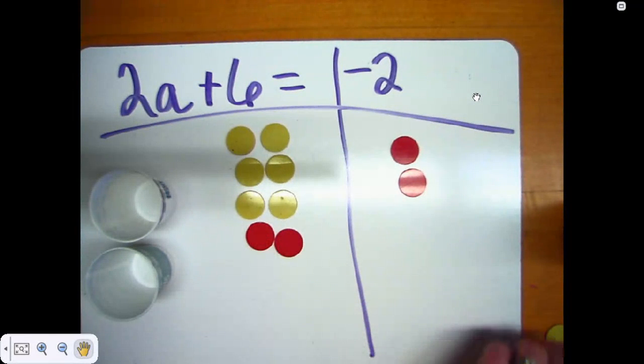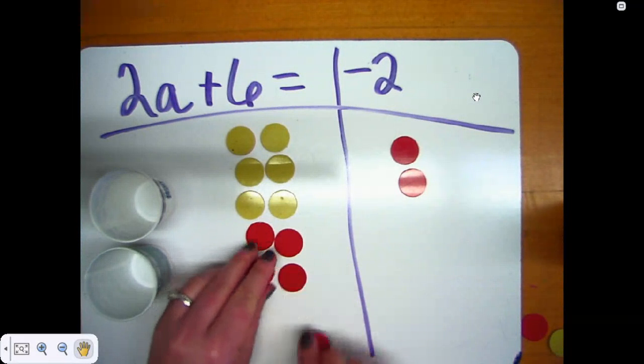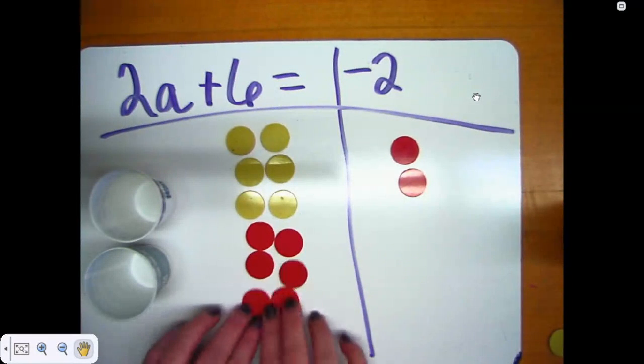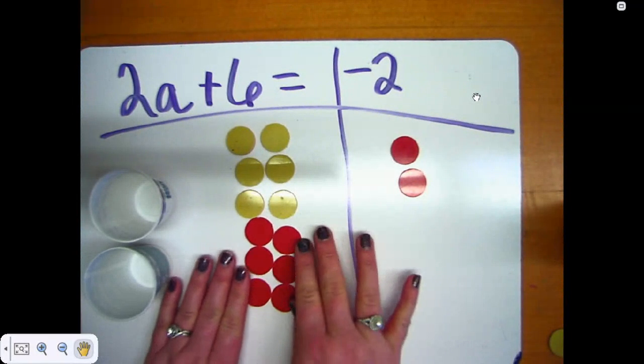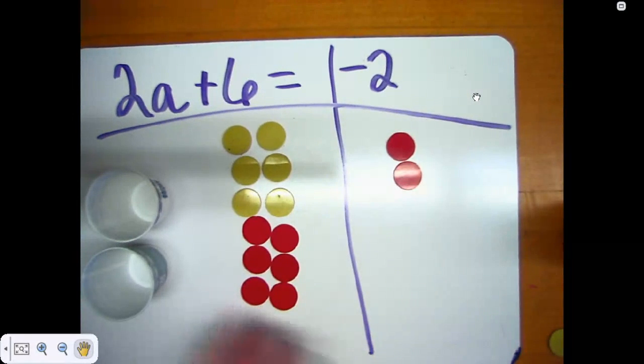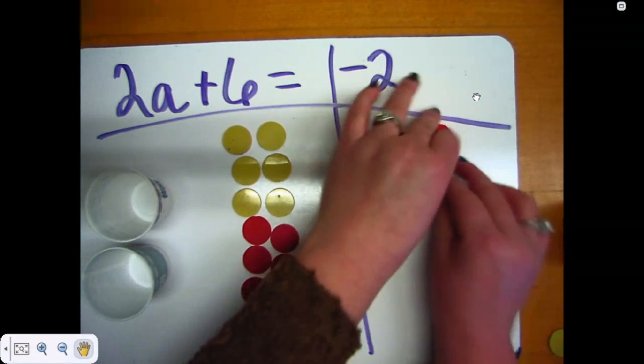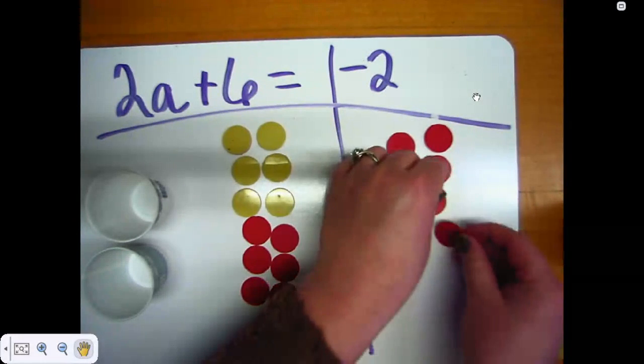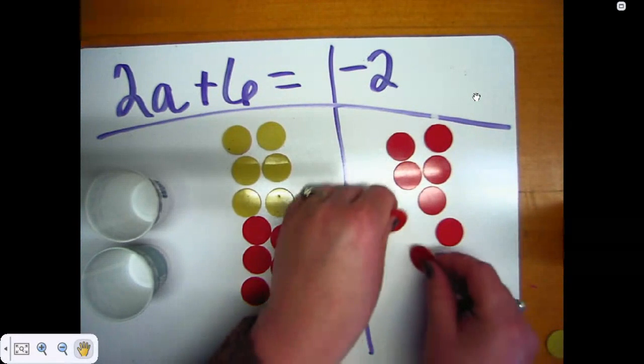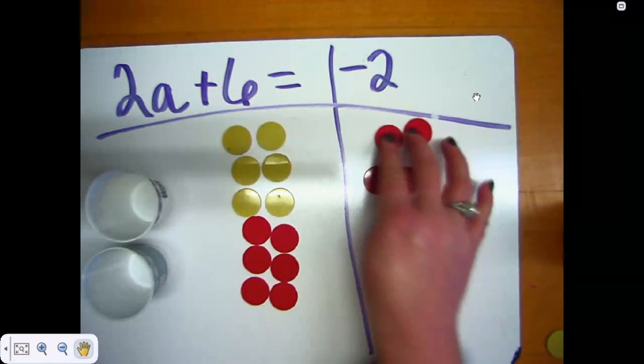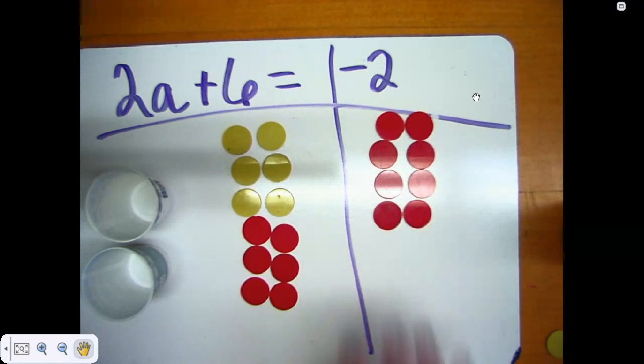So I need 2, 4, 6. And while I'm doing that, I need to go ahead and add negative 6 to this side. 2, 4, 6. And I'm going to line them up so it's easier to see.